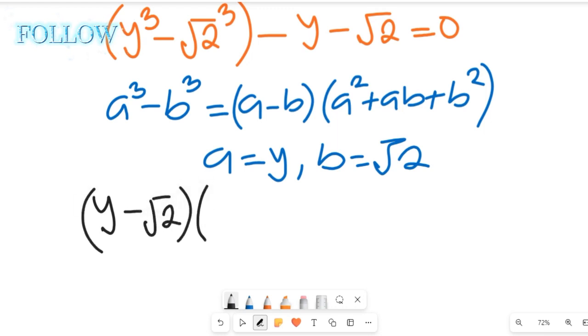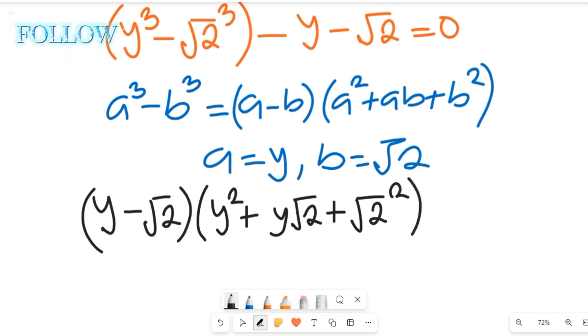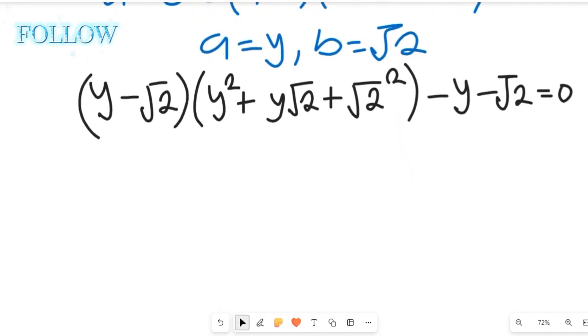And this will be what? y square plus y multiplied by root 2 plus root 2 square, and this will be minus y minus root 2, and this will be equal to 0. Good. Now that expression can simplify because we have two similar expressions, this and this.